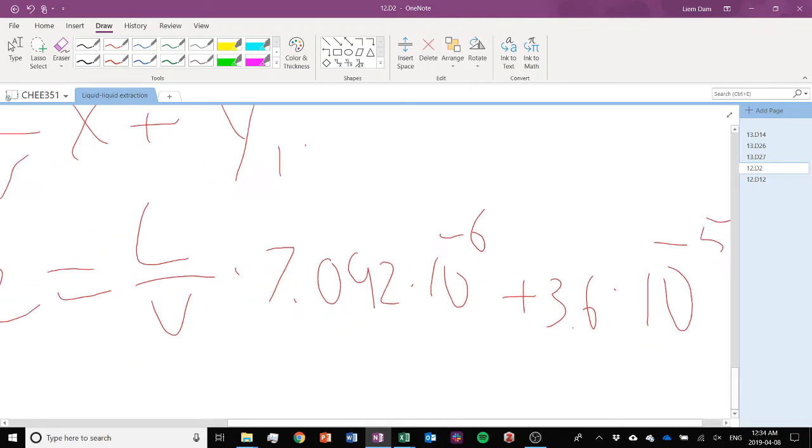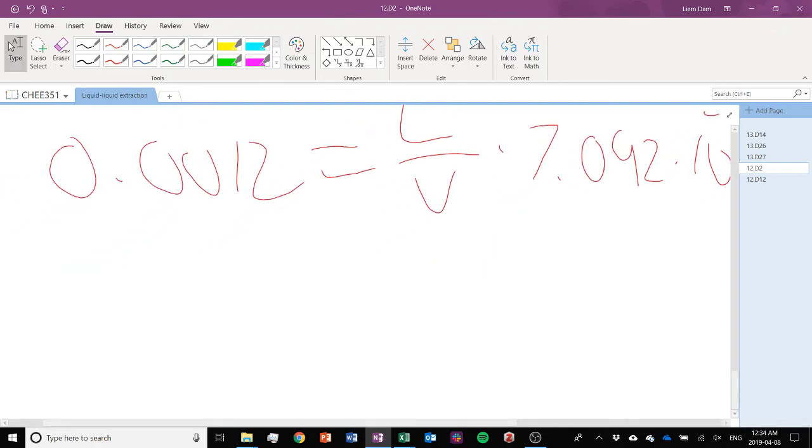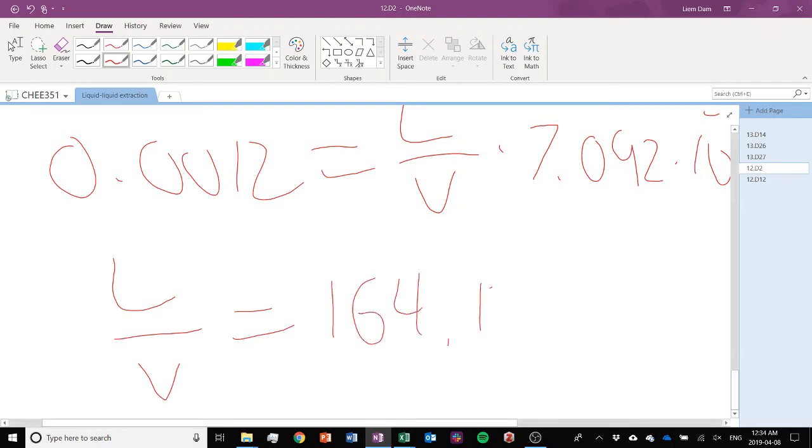Right? So now we simply need to solve for L over V. And when we do that, we find that L over V is equal to 164.124. So that is L over V min.